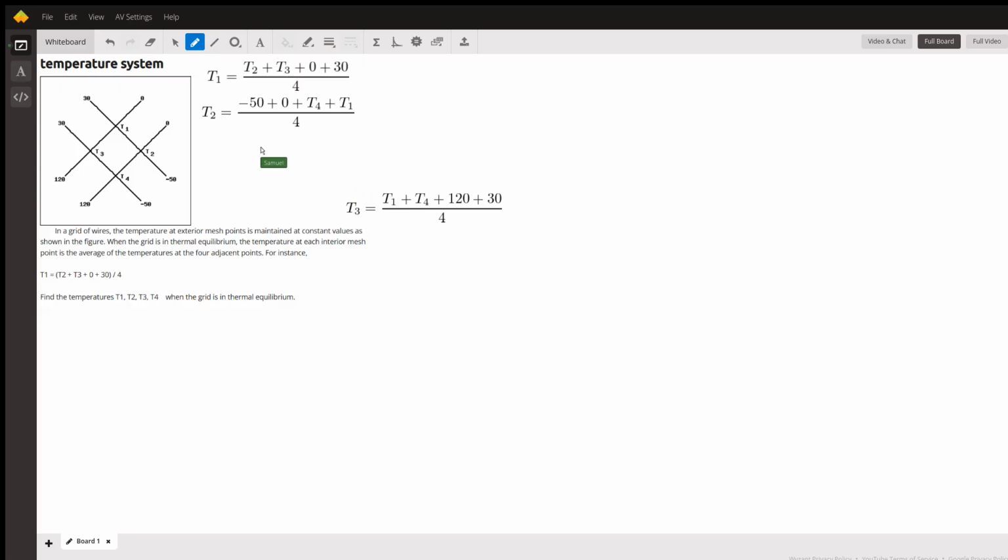It's our third average. And then our final average for T4 are the adjacent points, T2 minus 50 plus 120 plus T sub 3.